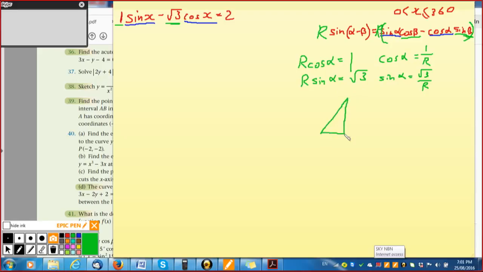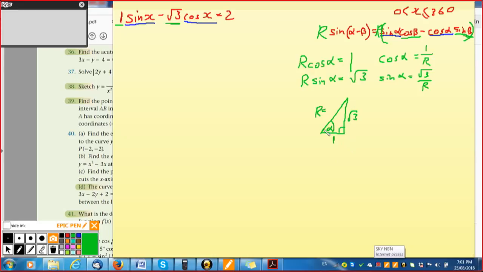You're going to have a right angle triangle, and that's going to be your alpha. This side, your cos alpha, is going to be 1. Your sine alpha, which is your opposite over hypotenuse, is going to be root 3. And you're going to have some hypotenuse, which is going to be R. Does that make sense?